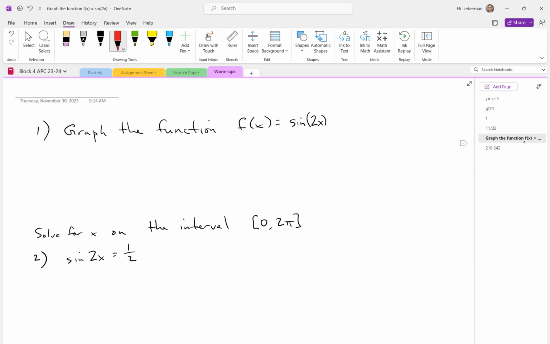So 2 pi times 1/2 is... Actually, it's not. It's 2x becomes h times 1. It's sine of 2.